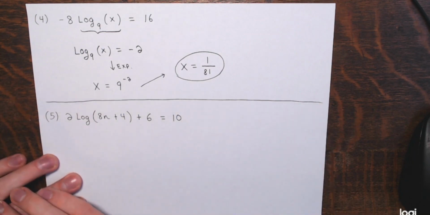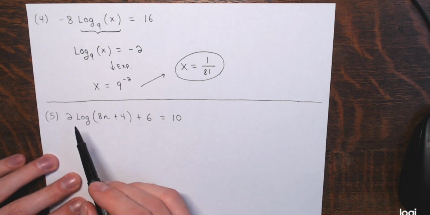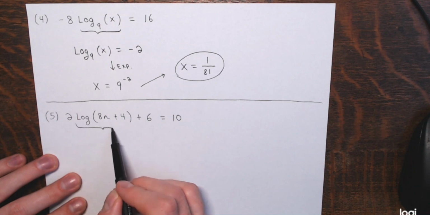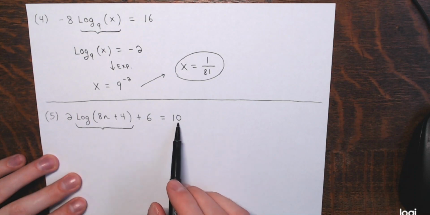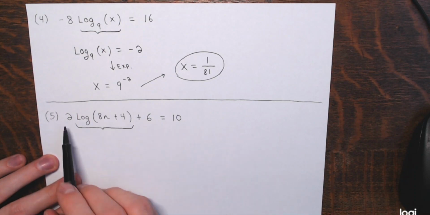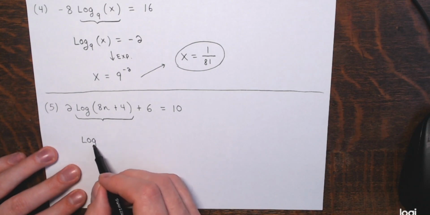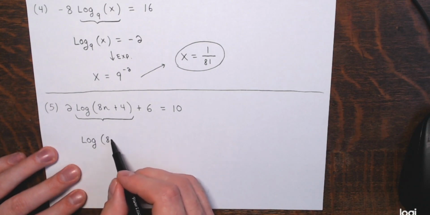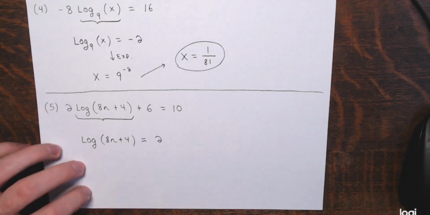All right, very similar here. Only this time the logarithm is base 10. Remember when there's no base on the log, it's base 10, a common logarithm. But still, I would like to isolate this. So you would subtract 6 and get 4 over here, and then divide by 2 to get 2 on the other side. So we have the log base 10 of 8n plus 4 equals 2 after isolating the logarithm.